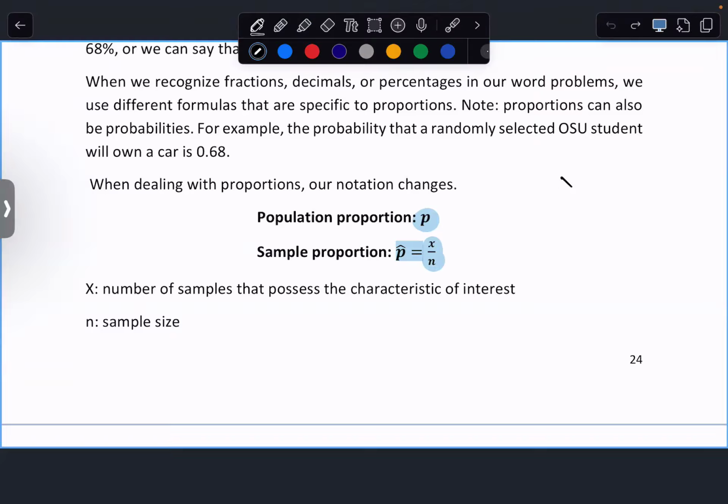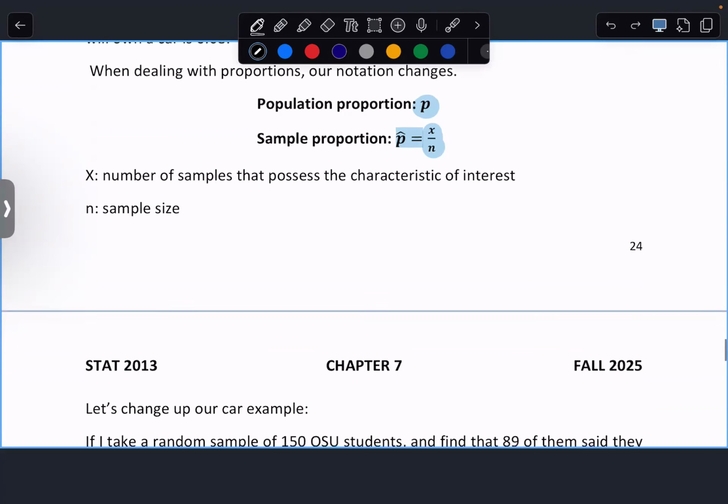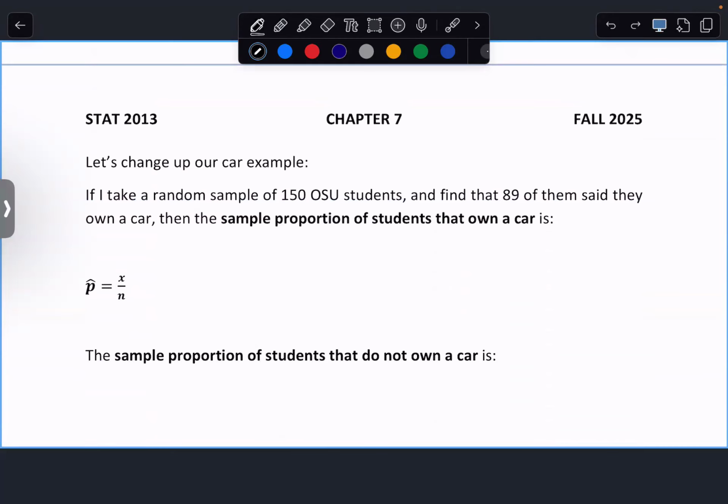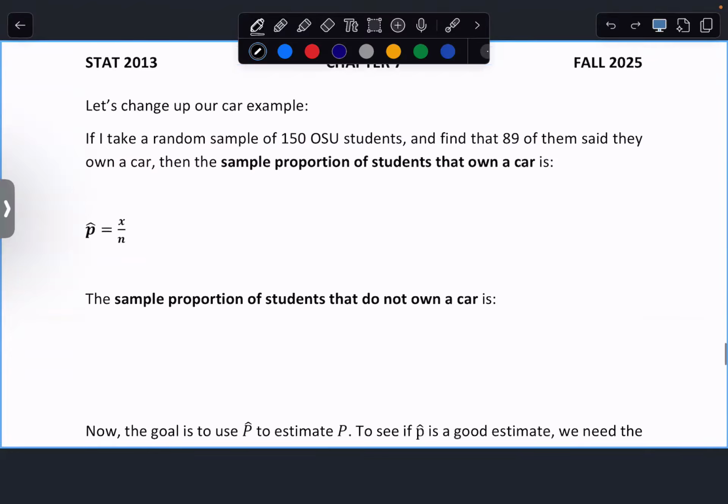In the example I gave about the proportion of students who drive to school, those who drive to school will be our subset of interest, right? And that will be X. And the total number of students in OSU will be N. Does that make sense?